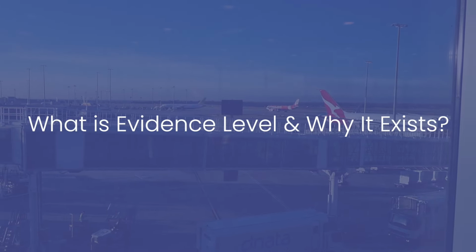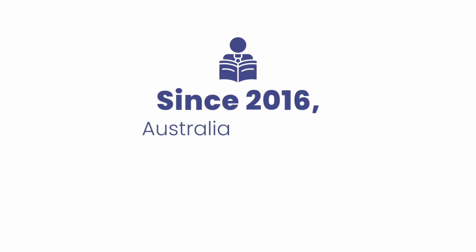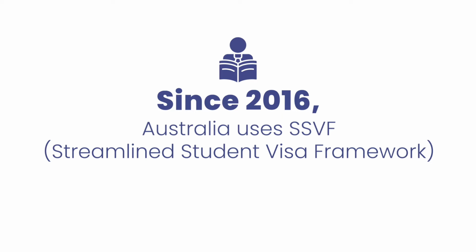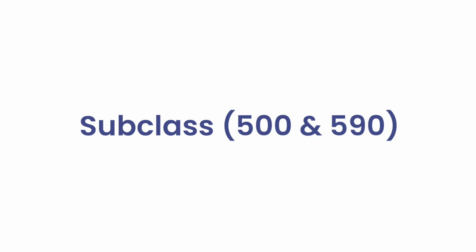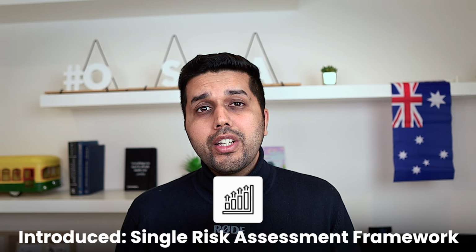First things first, let's understand what this evidence level is and why it exists. Since 2016, Australia introduced SSVF, which is the Streamlined Student Visa Framework. It reduced the number of student visa subclasses from 8 to just 2, which are subclass 500 and subclass 590, and it also introduced a single risk assessment framework for student visa applications.